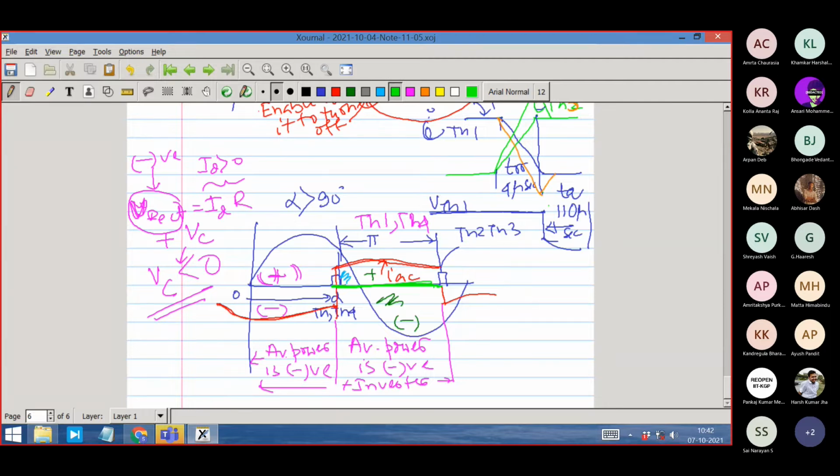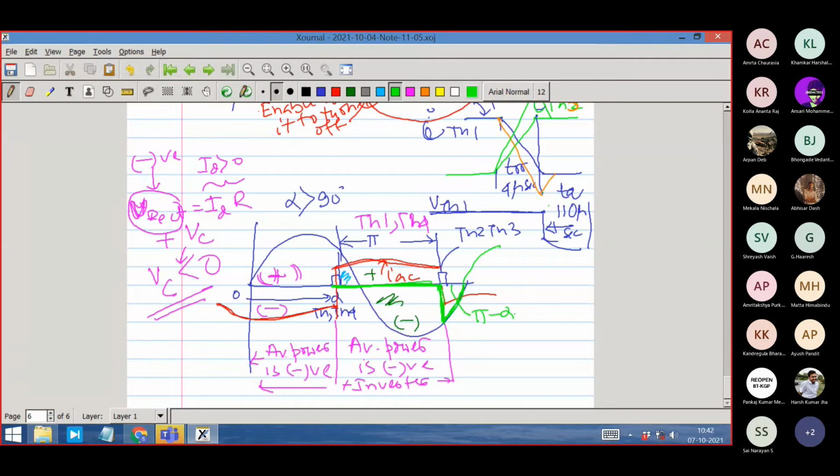The thyristor voltage is now this much, and then it will remain negative only for this duration. It is remaining negative only for the duration pi minus alpha, where alpha is greater than 90 degrees, right?